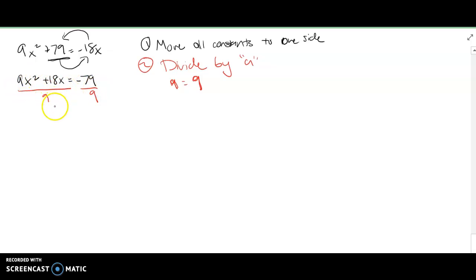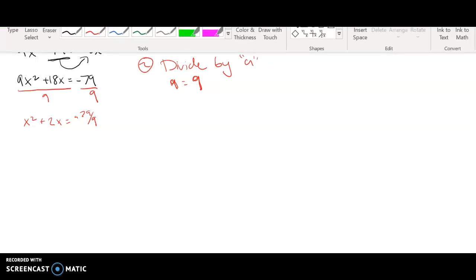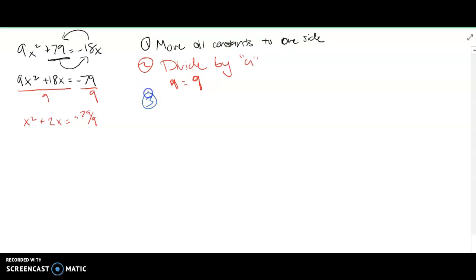So 9x squared divided by 9 is x squared, and 18x divided by 9 is 2x, and negative 79 divided by 9 is just a fraction, so we leave it as that. Now we continue on like before.